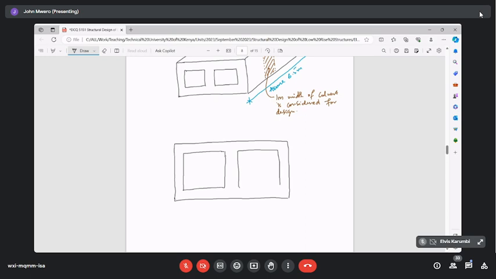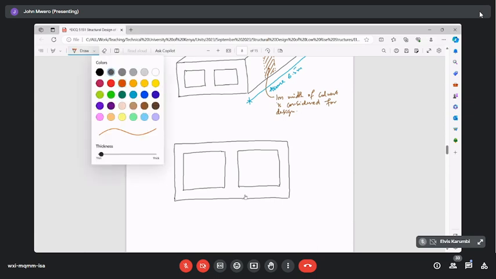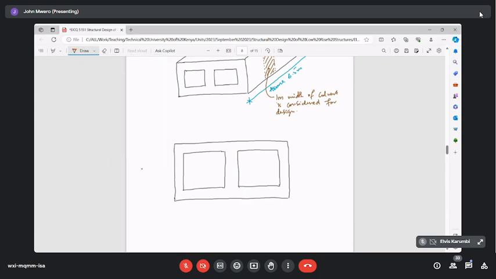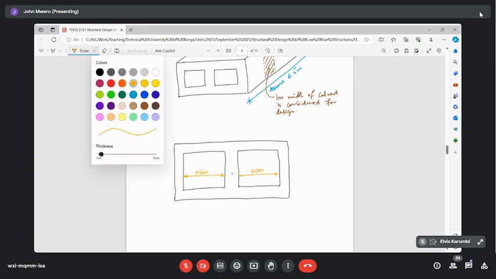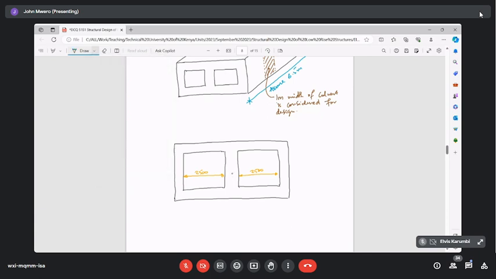It's not very neat, but we're saying that these openings are 2500. So width here is 2500. And this one here is also 2500. The height of the opening is 2 meters.